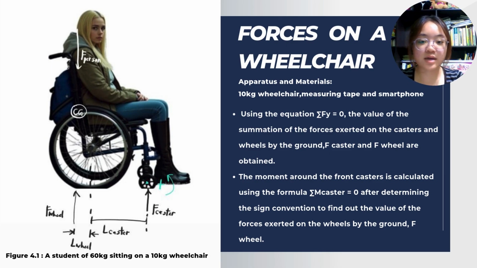The materials and apparatus that we use are a 10 kilogram wheelchair, a measuring tape, and a smartphone. We use the equation total force in y is equal to 0, so the summation of the forces exerted on the casters and wheels by the ground, force on the caster and force on the wheel, are obtained. The moment around the front caster is calculated using the formula total moment about the caster is equal to 0, after determining the sign convention, to find the value of the force exerted on the wheel by the ground.